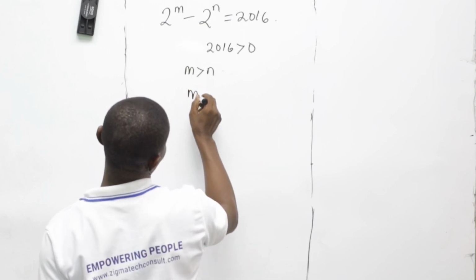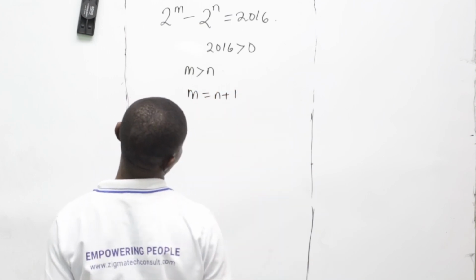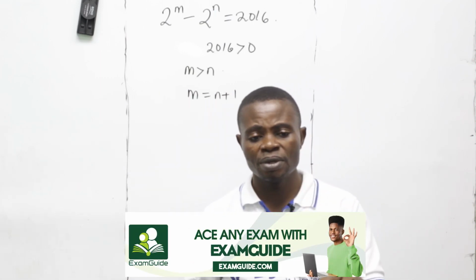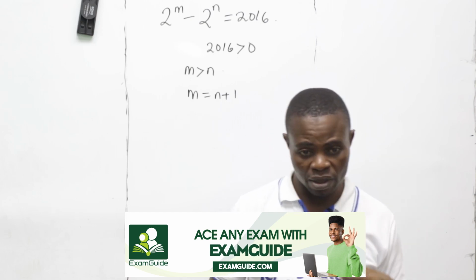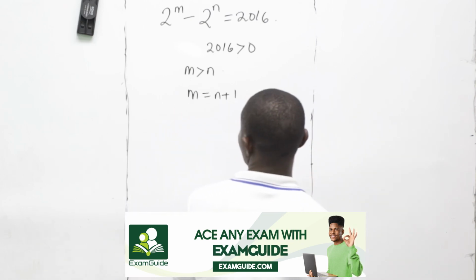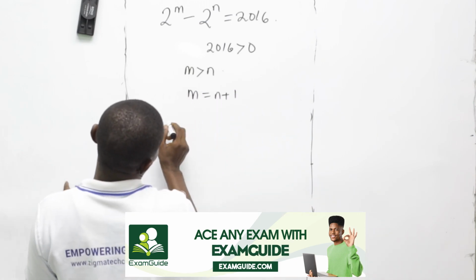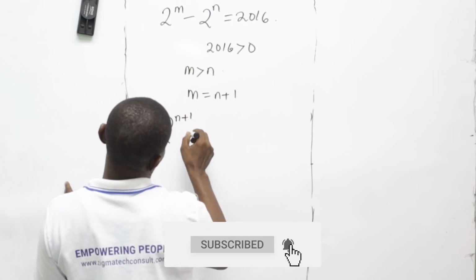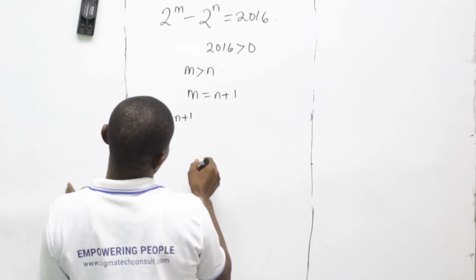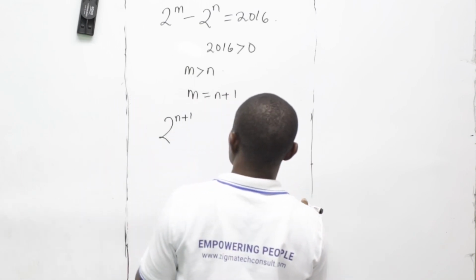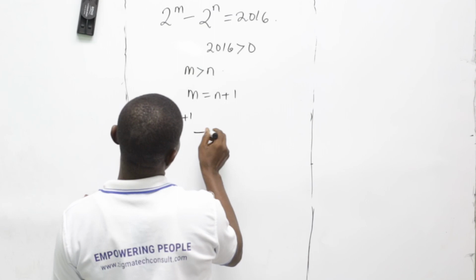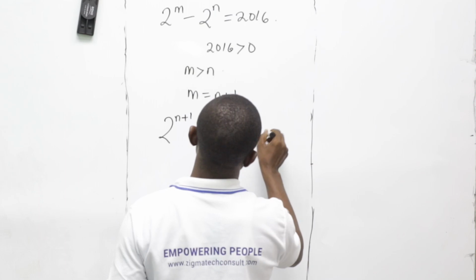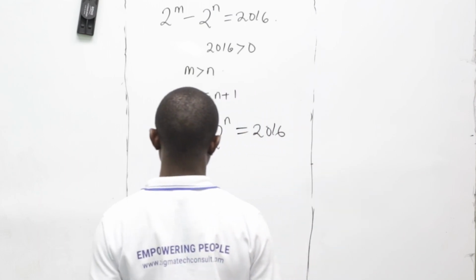So let's say m equals n plus 1. If m is greater than n by 1, let's see what will happen. The equation becomes 2 raised to the power n plus 1, or we can say k, then minus 2 raised to the power n equals 2016.